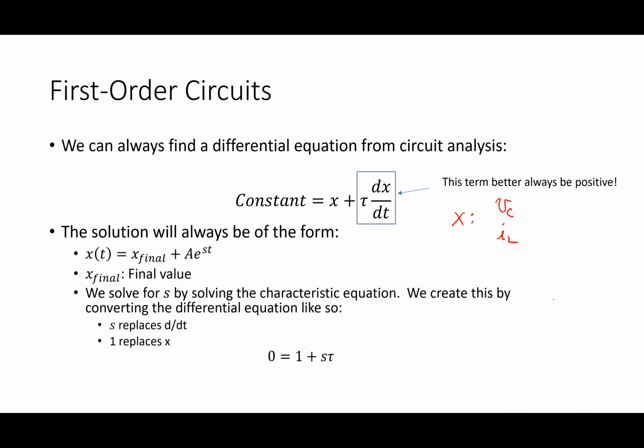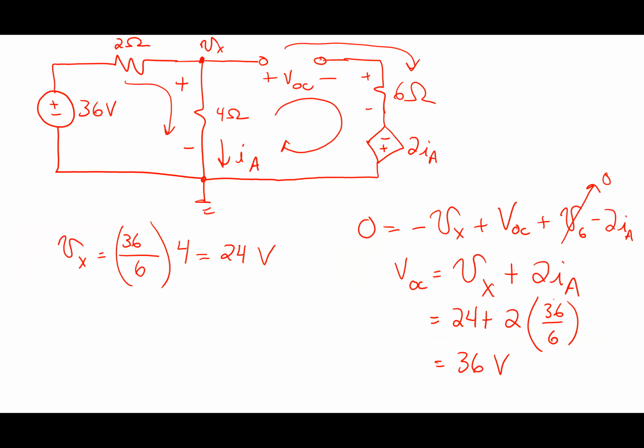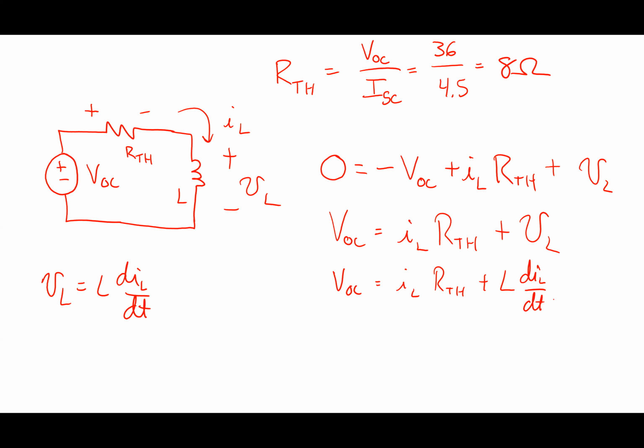What do I have to do to get IL by itself? I now have IL times RTH. How do I get that by itself?